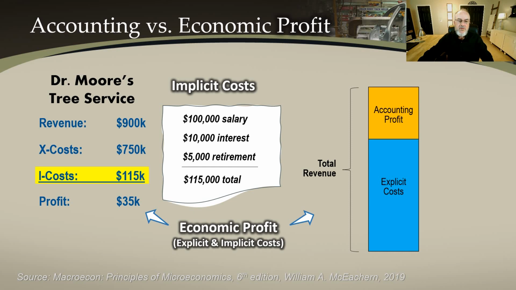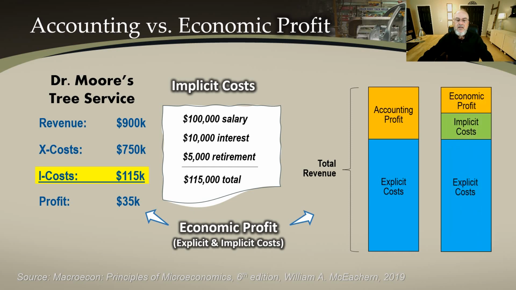But the way this looks with an economic profit is my implicit costs then come out. So my explicit costs, those don't change, that's the blue. But now I'm going to take out my implicit costs, and whatever's left, that orange on the top, is my economic profit. So that's another way to visualize what we're talking about.